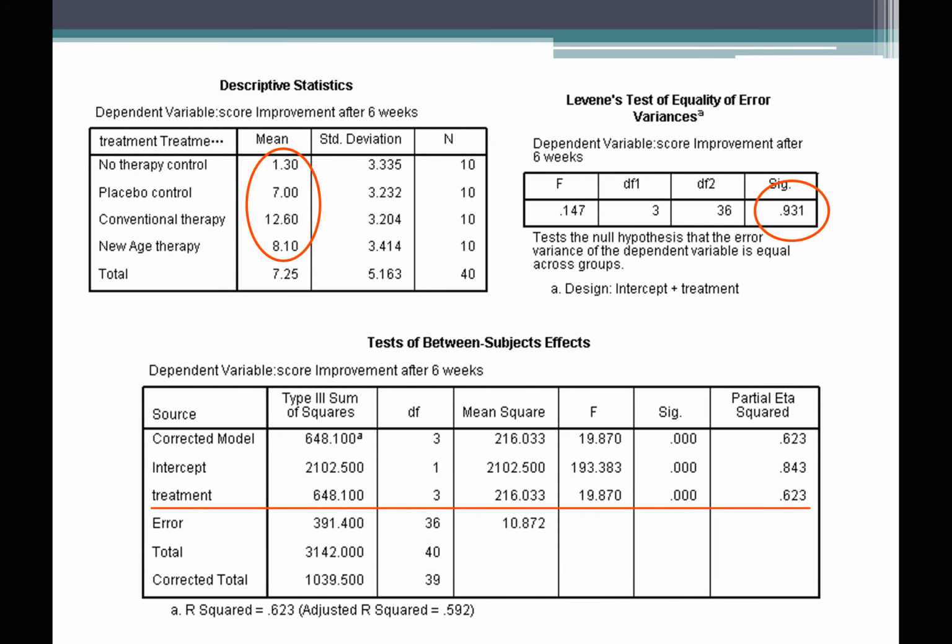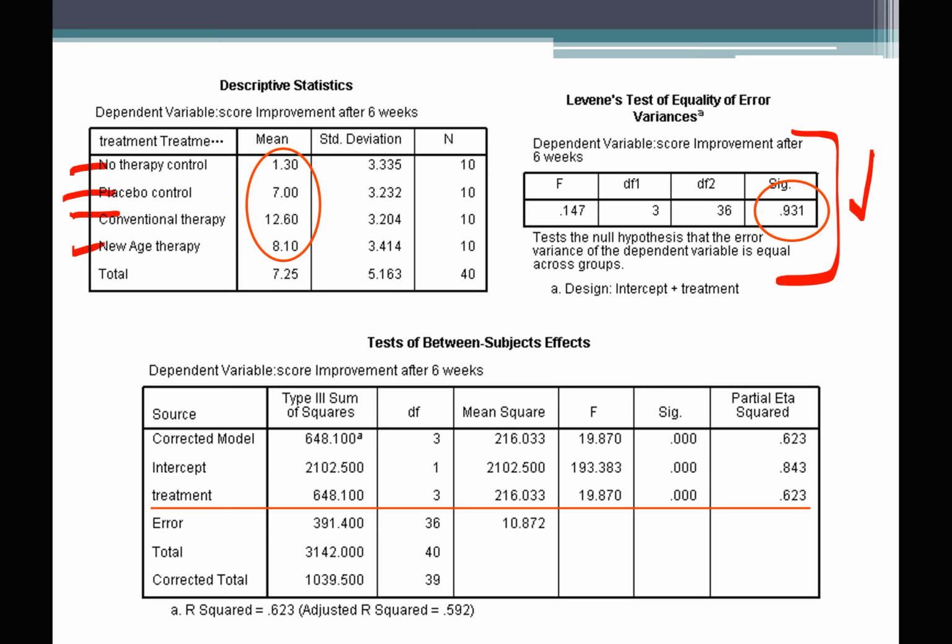So this is what the outcome would look like. We get our descriptive statistics, which shows us the means and standard deviations for each of our 4 types of therapy or treatment. And then we get our Levene's test, right? Here it's not significant, which is actually what we want in this case. That means there isn't a significant difference in variability between our groups.